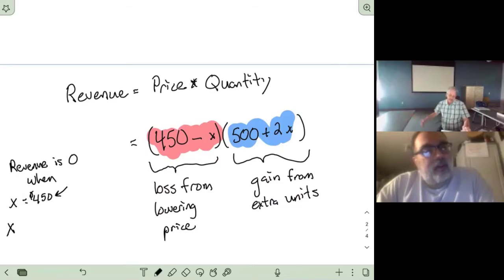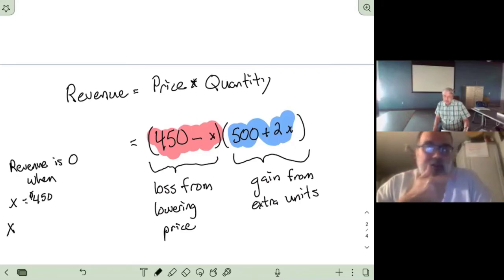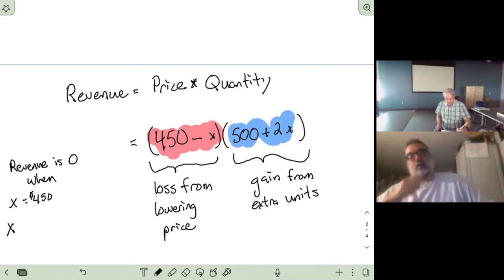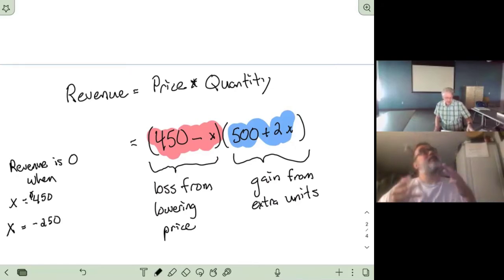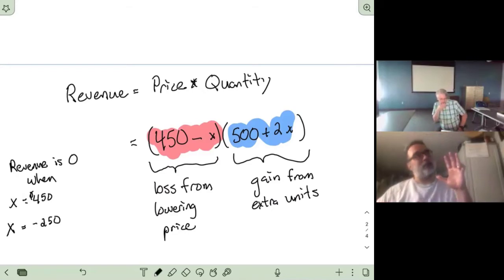Oh, that's right, you're right. So x equals 0 means we lowered the price by 0. The other one must be what you were saying, minus 250. If we lower the price by negative 250, that means we're trying to sell the phones for $700 apiece, and nobody buys.